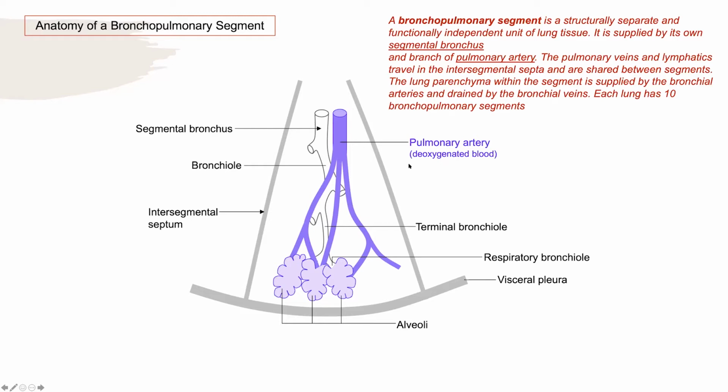So what we have said, a bronchopulmonary segment is a structurally separate, functionally independent unit of lung tissue, supplied by its own segmental bronchus. So this is its personal segmental bronchus and it has its own pulmonary artery. So this is personal, dedicated to this bronchopulmonary segment. It can be number 1, number 2, number 3 till number 10, maybe right side, maybe left side.